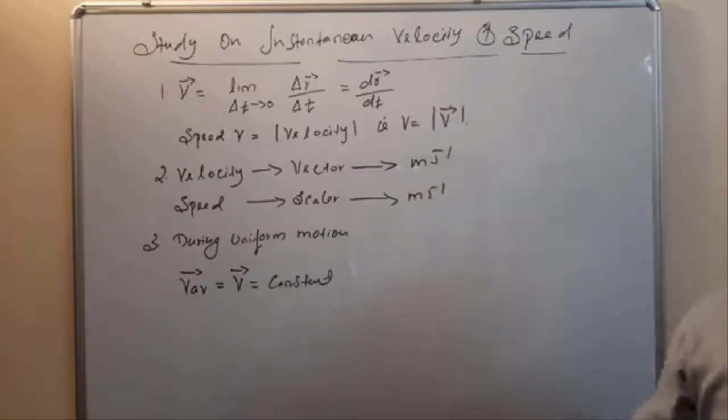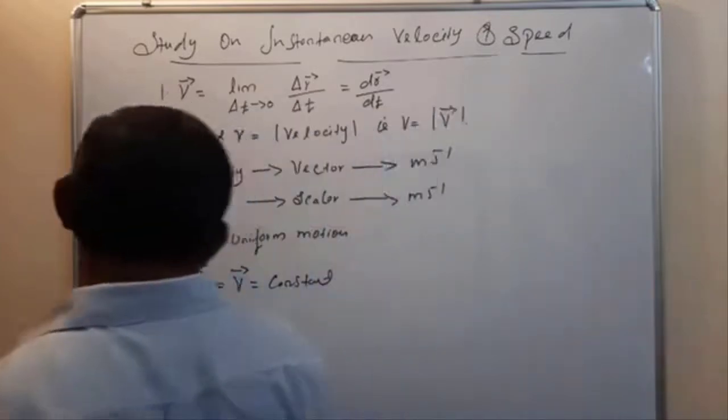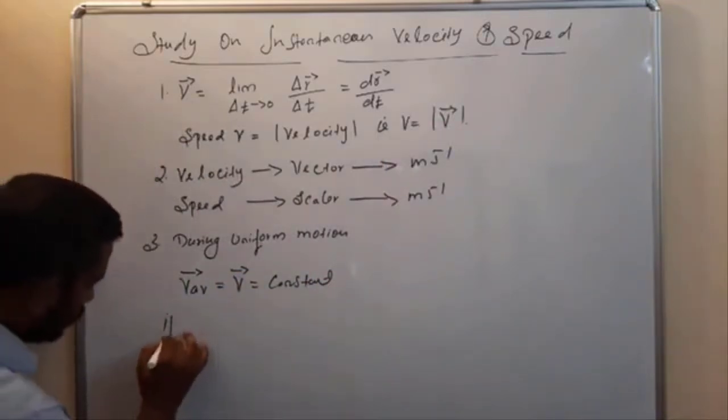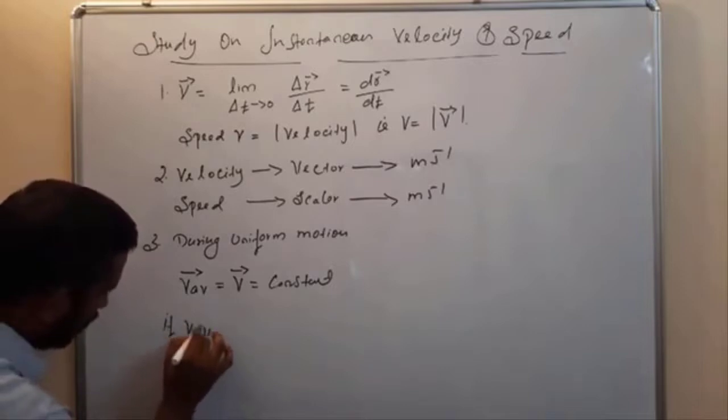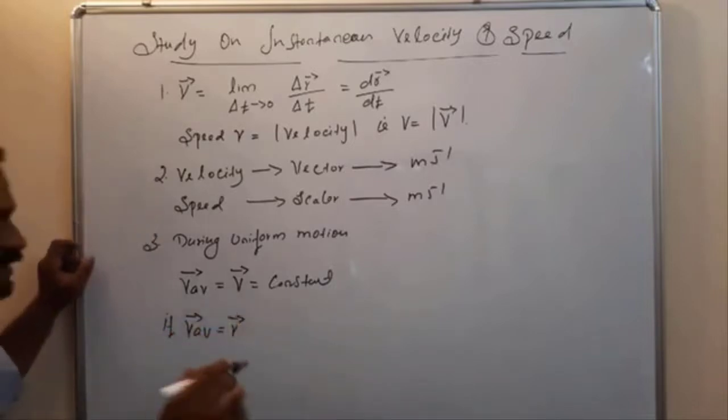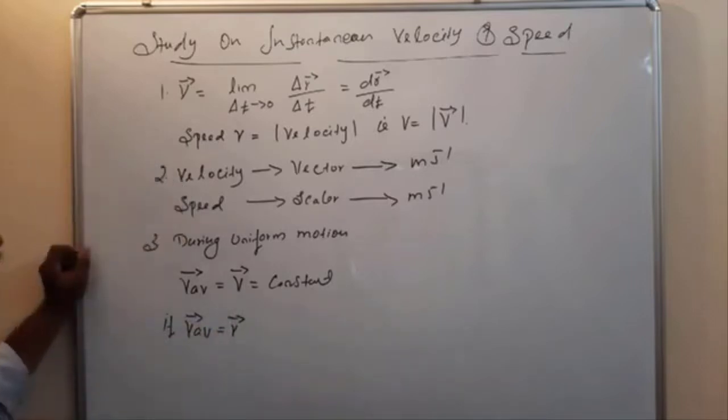But the converse may not be true. Suppose average velocity vector is equal to V vector, then the motion may not be uniform.